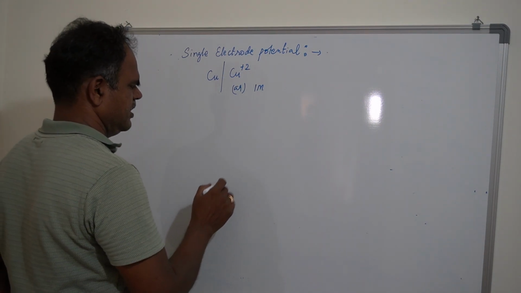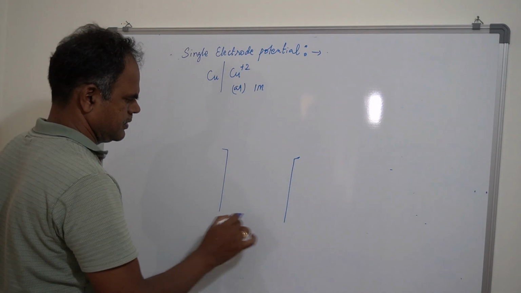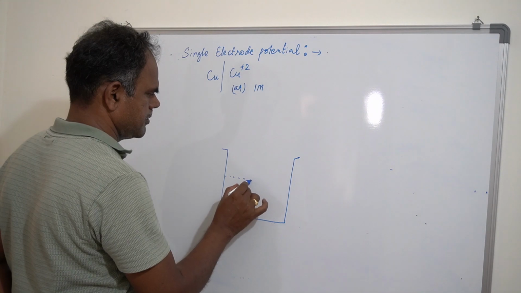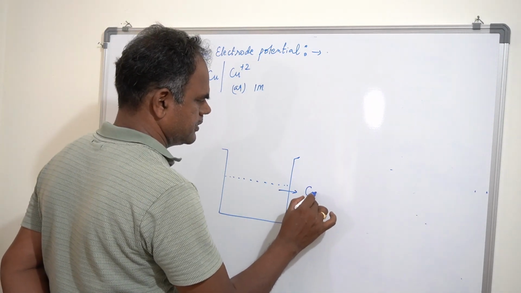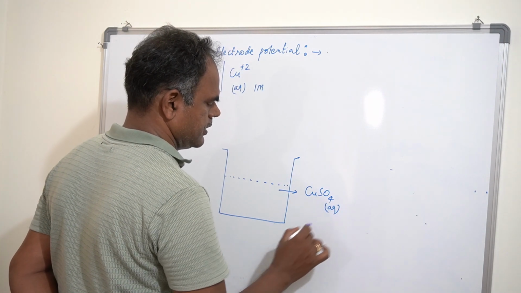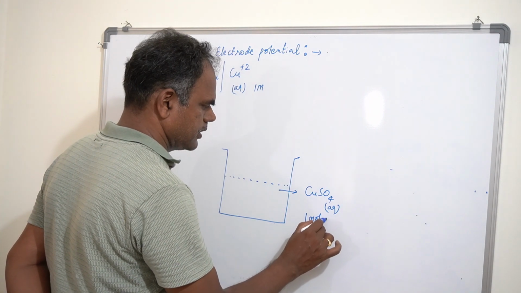So, if you take one container and in this container take copper sulphate aqueous solution, its concentration is 1 molar.